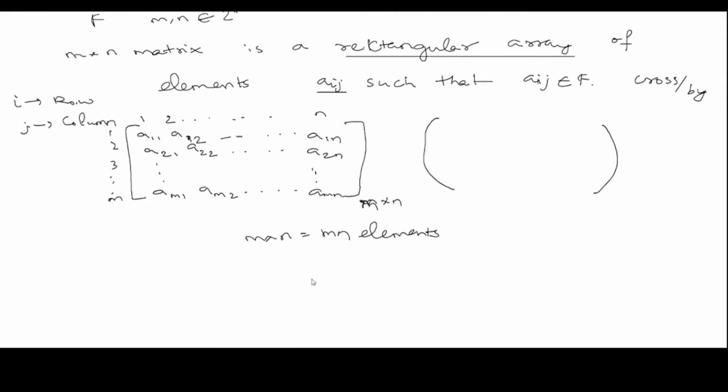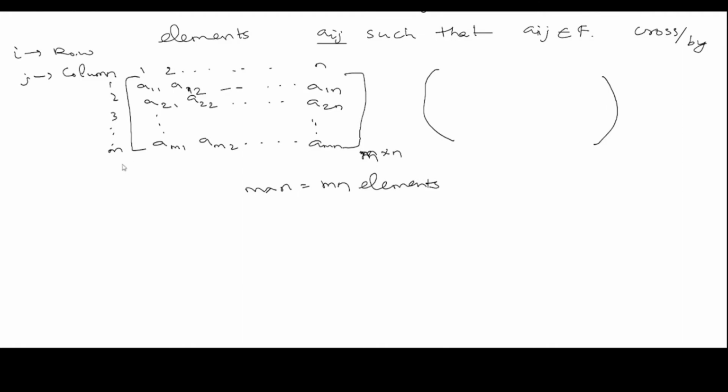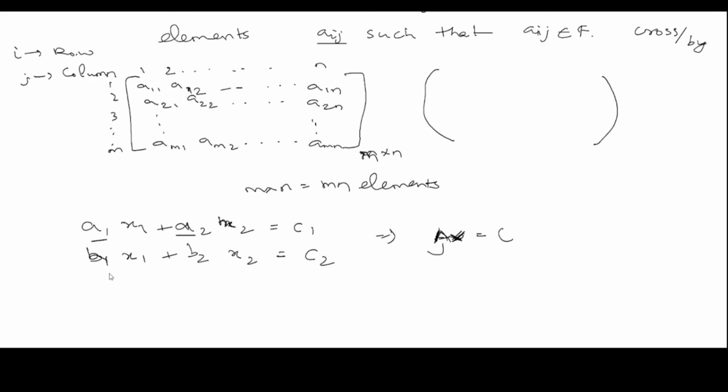So what do we do with a matrix? Why do we need a matrix? Matrices basically arise for solving linear equations. They arise like this: Ax equals c, and these are matrices. A represents the matrix with entries a1, a2, b1, b2, and x is x1, x2, and c is c1, c2, right?